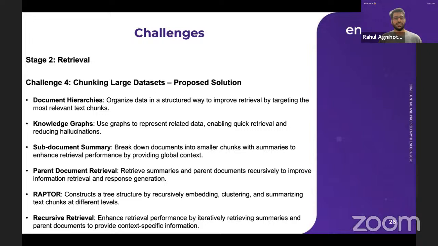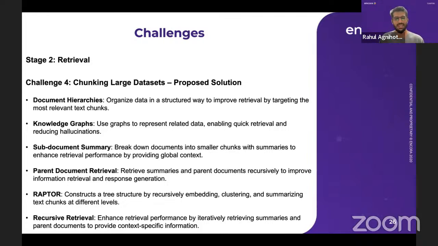What could be the approach of handling large data sets? I've mentioned quite a few. Creating document hierarchies, where you align your documents. You may create knowledge graphs. You can create summaries of large documents and summarize them into smaller ones.